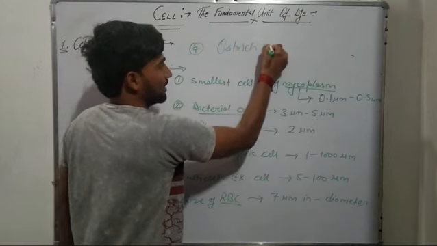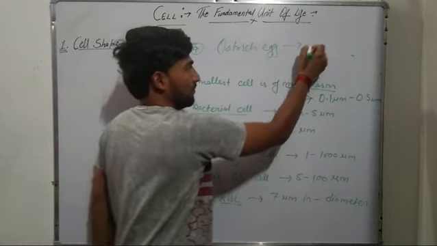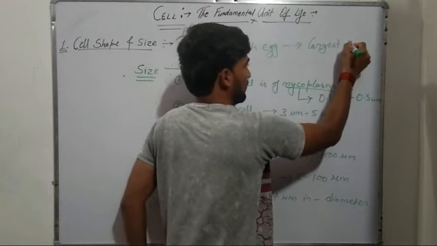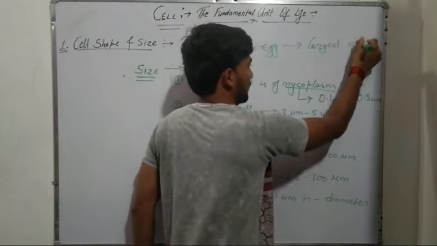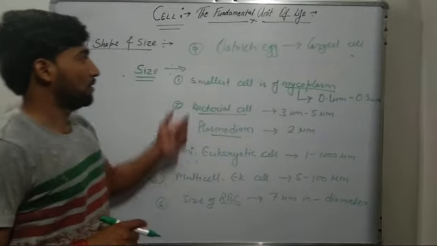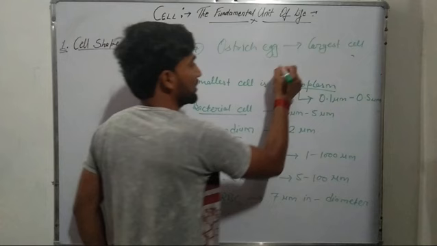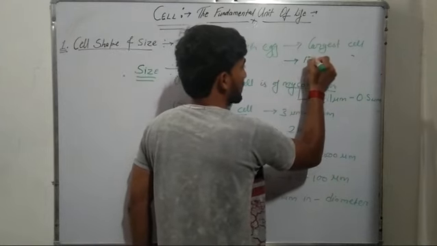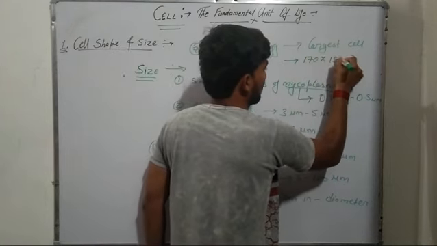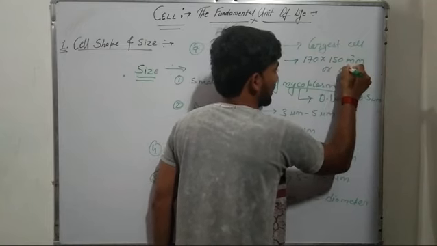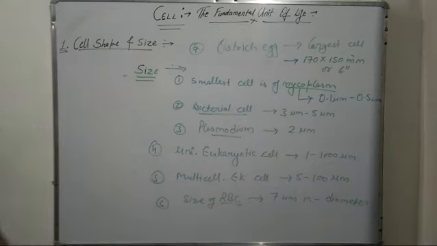The ostrich egg is the largest cell, and its size is near about 170 by 150 mm, or near about 6 inches.